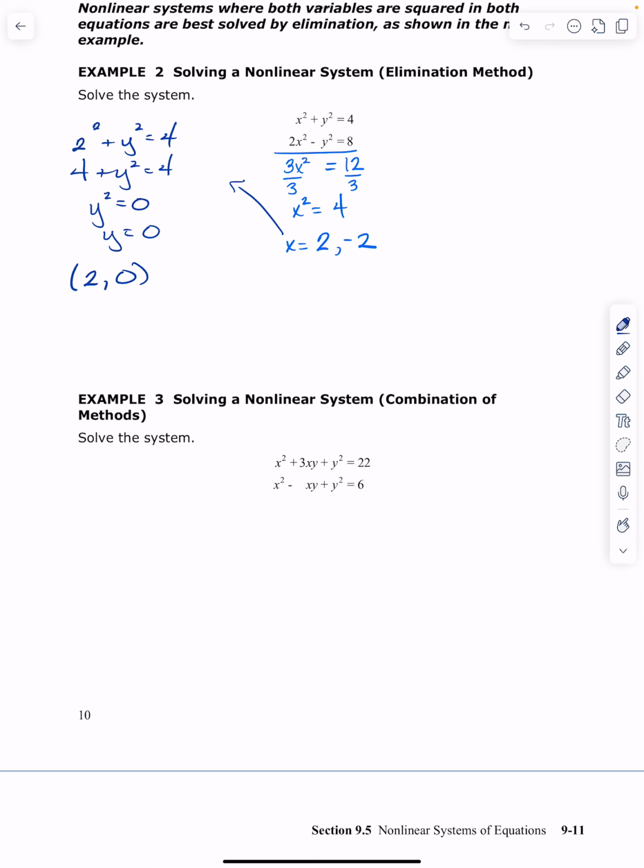I can plug that into the second one. I get 2 times 2 squared, 2 times 4, which is 8. That is true if y equals 0. So here's one solution. Same thing over here with negative 2.